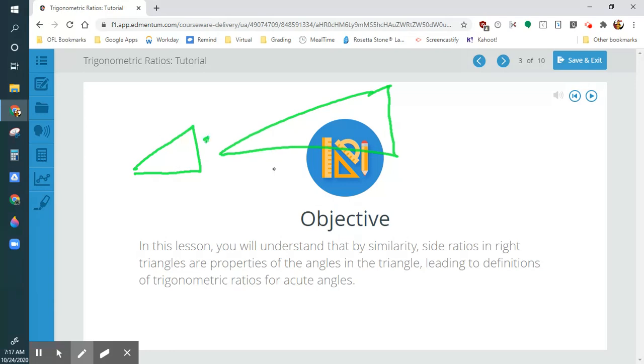So, for example, if this was 3, this is 2, it would be similar to this if this was, let's say, 6 and this was 9. The ratios are still the same. It's still the same fraction, 2 over 3. 6 over 9 can become 2 over 3.